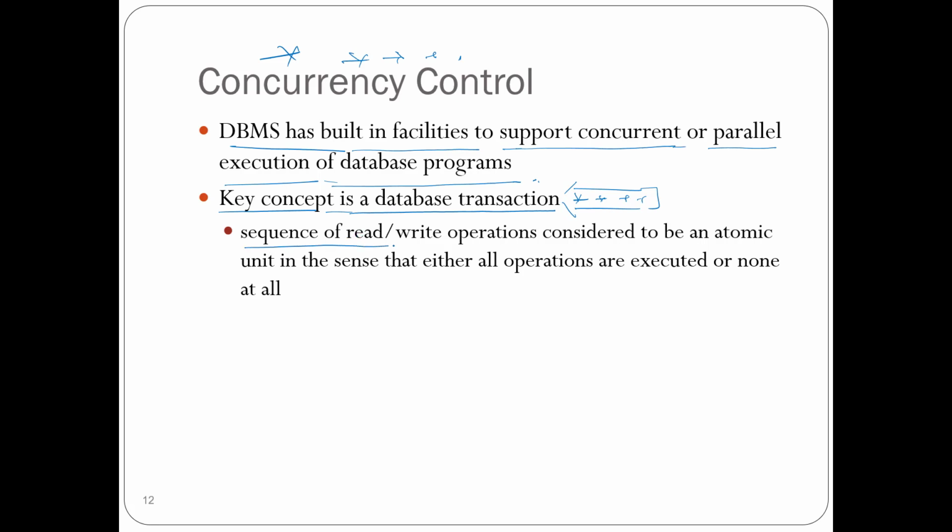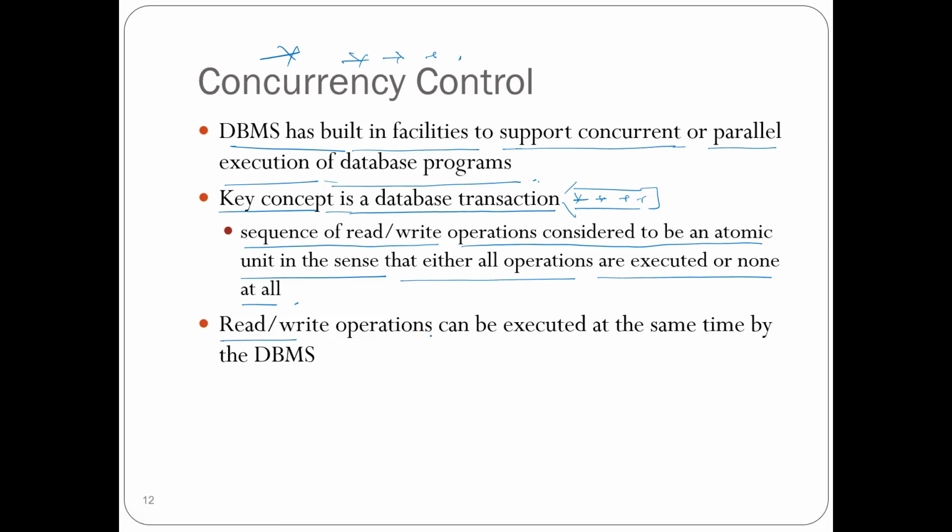A sequence of read and write operations will happen. That sequence is considered to be an atomic unit in the sense that either all the operations are executed or none at all. That is, at a very high level, one of the ways in which we guarantee concurrency control.